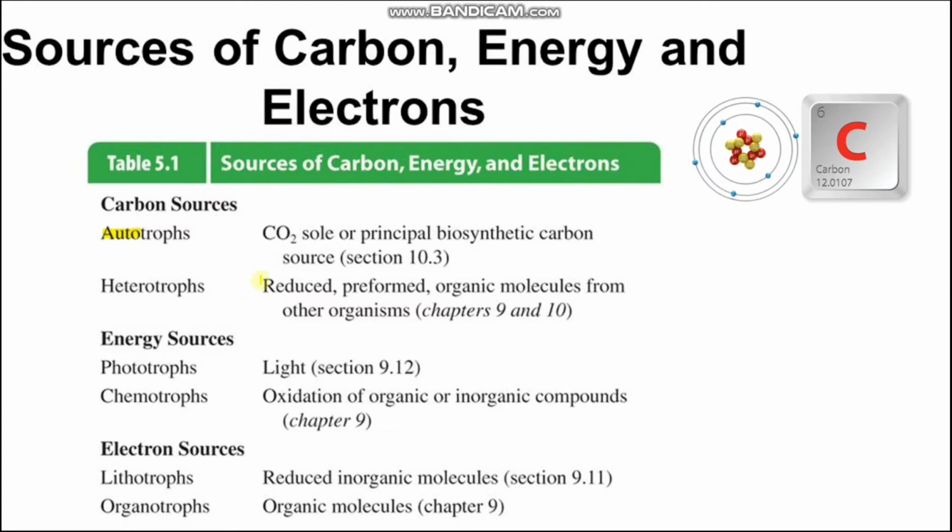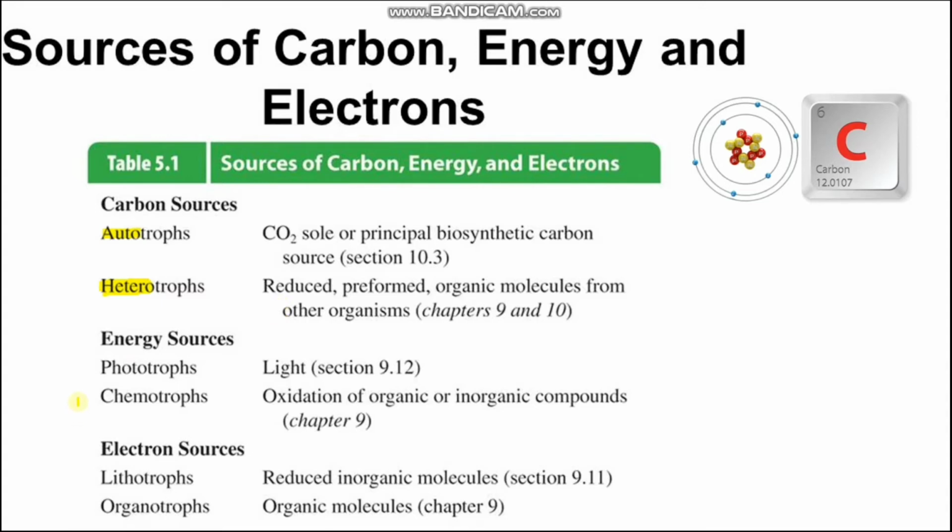They acquire their carbon from an inorganic molecule, carbon dioxide, which is the sole or principal biosynthetic carbon source for these organisms. The second type is heterotrophs. Hetero means different, that is, these organisms use reduced and modified organic molecules produced by other organisms as their carbon source.